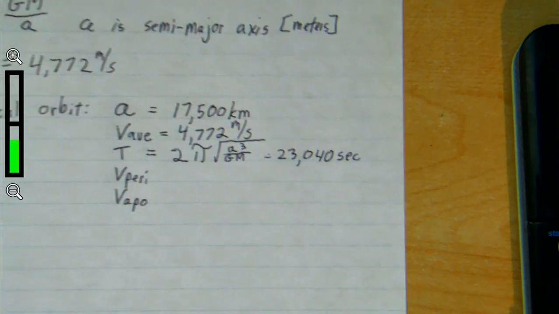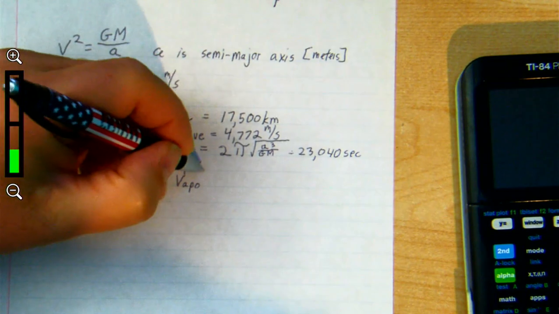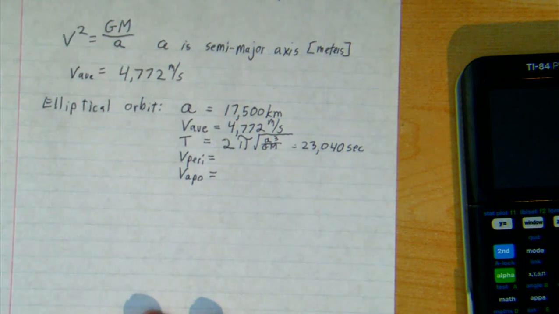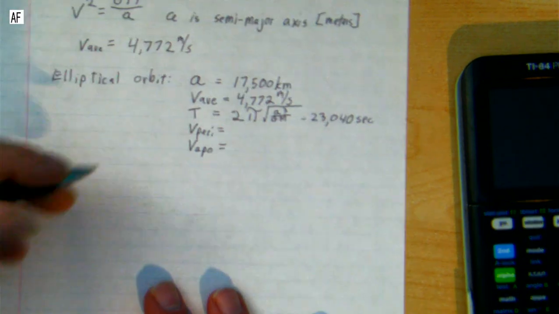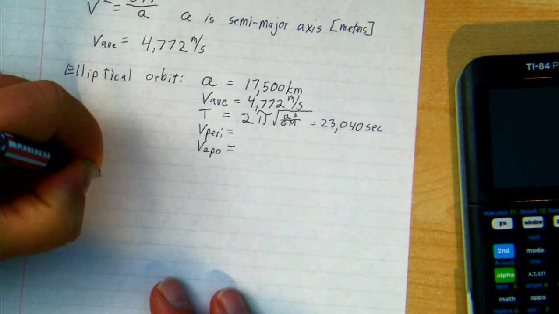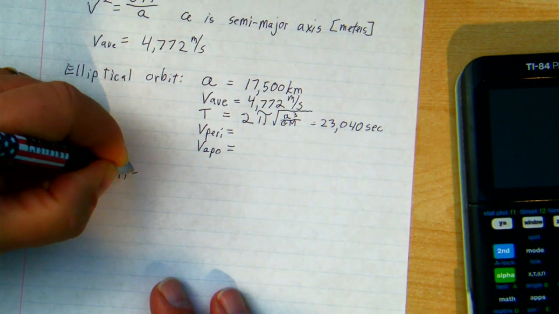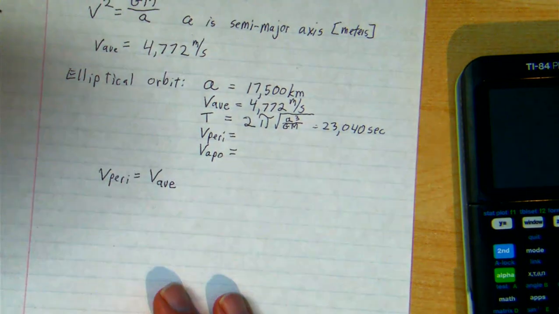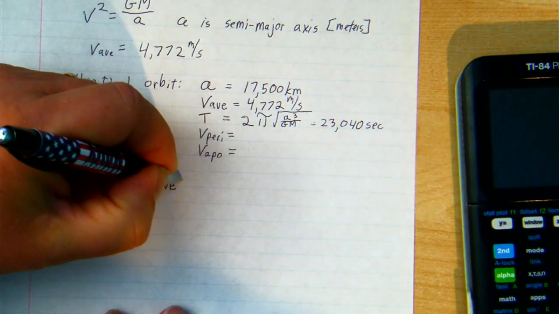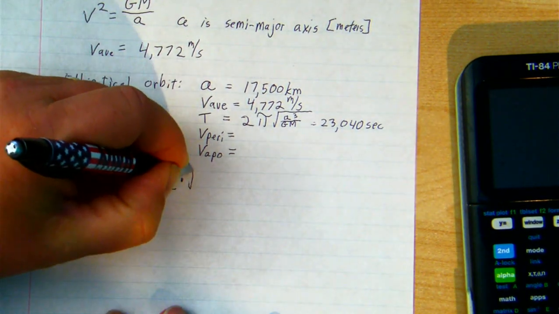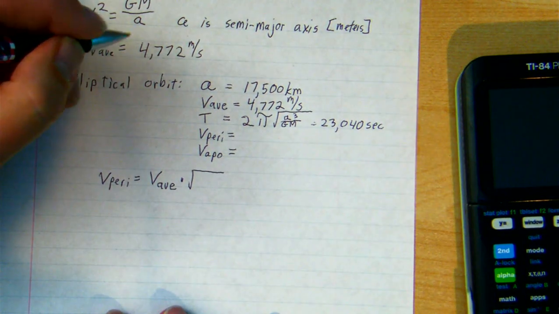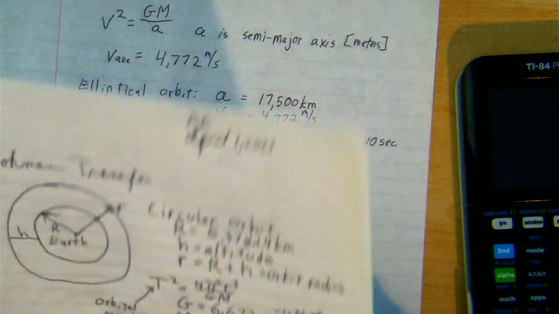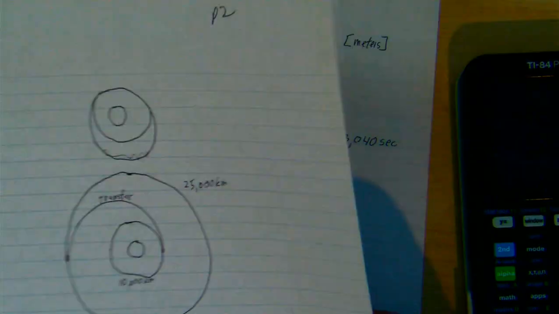But wait, there's more. We need to calculate the periapsis velocity and the apoapsis velocity. Well, the formula for doing that: periapsis velocity is equal to the average orbital velocity, which is why we needed to calculate it, times the square root of, now keep in mind, we're going faster as we get closer to the Earth.